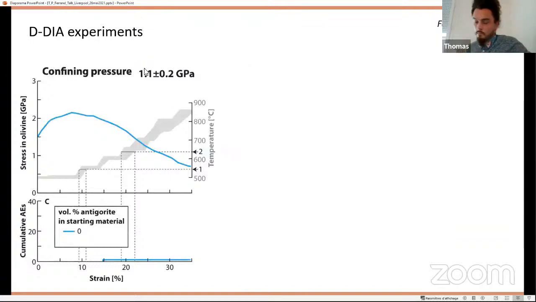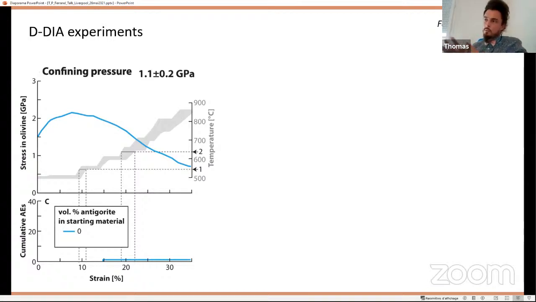These experiments were made in a DDIA apparatus. I forgot to say it. In the synchrotron of Chicago, to get the high energy X-rays.